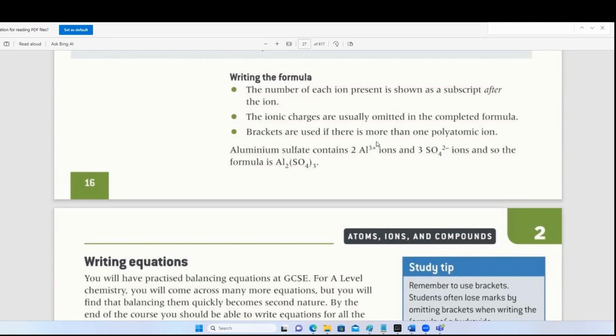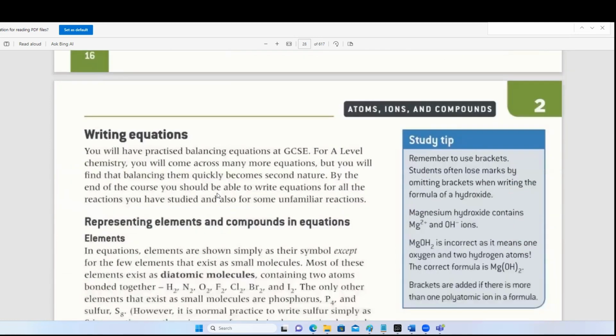It's just like they have taken the LCM of two and three, so that's six. So there must be six positives in total and six negatives. To do that, we have Al2 and SO4 3. Writing equations.